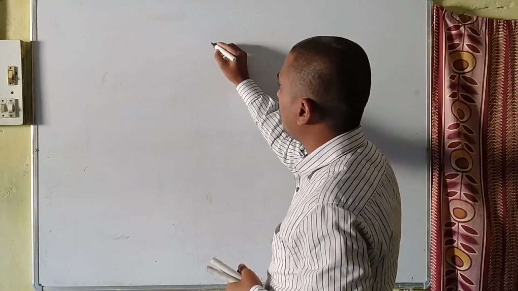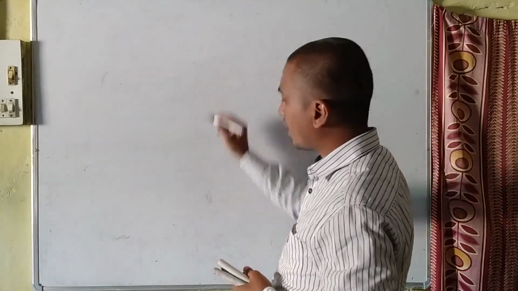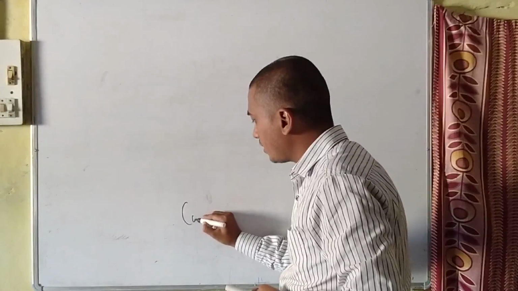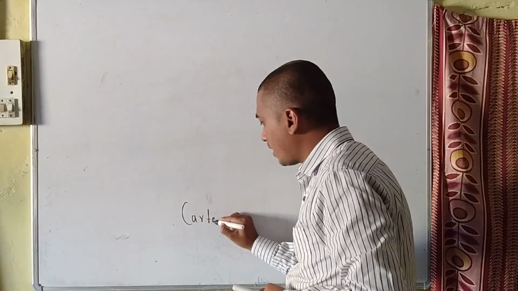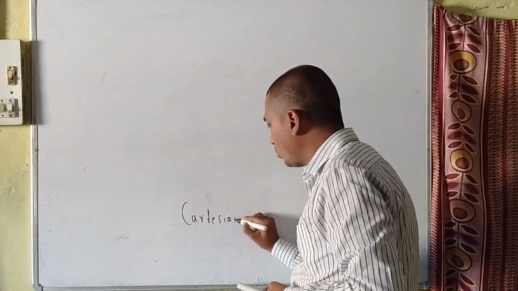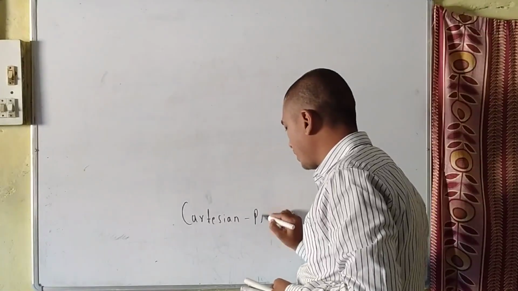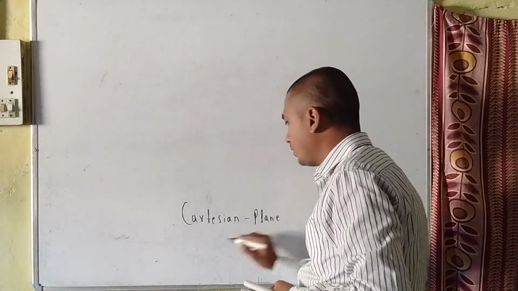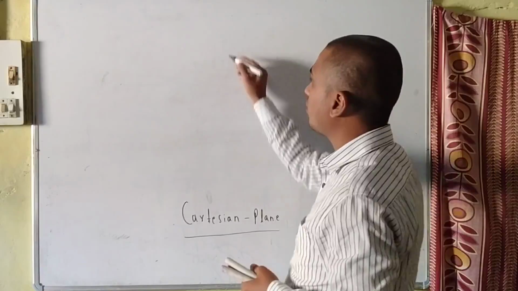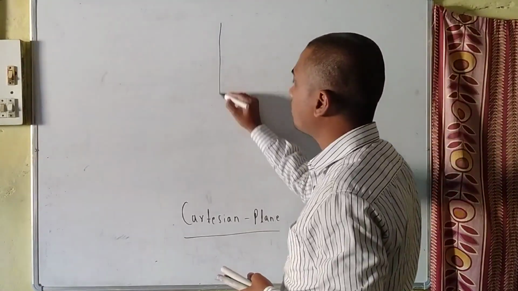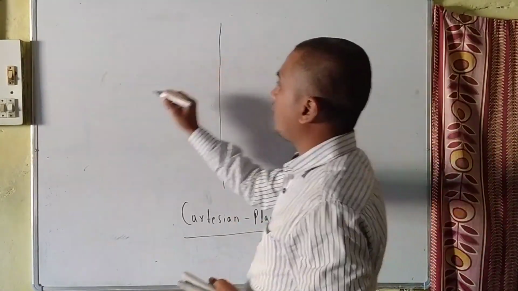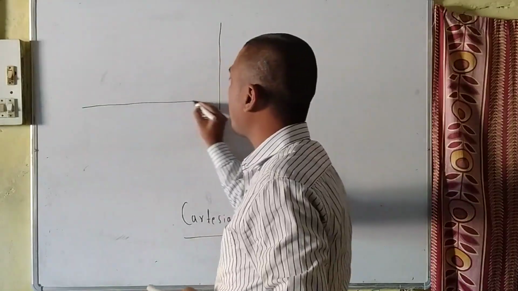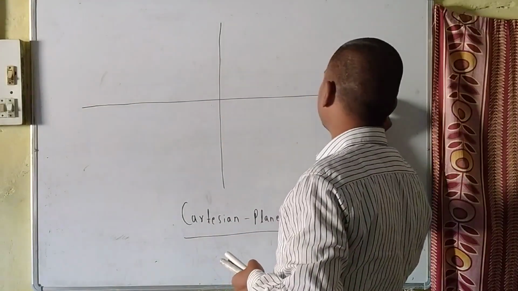I'm taking the topic of the Cartesian plane. It is a 2D plane, and this part comes under the coordinate system of our maths. This is the y-axis and this is the x-axis.